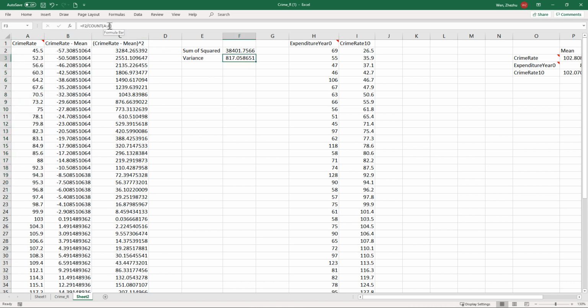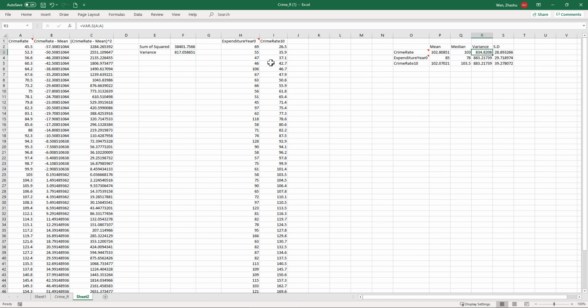Okay, so because we selected A to A, that means count A to A is going to return the number of numeric values in that given range. So with that, I think we replicated the variance formula.